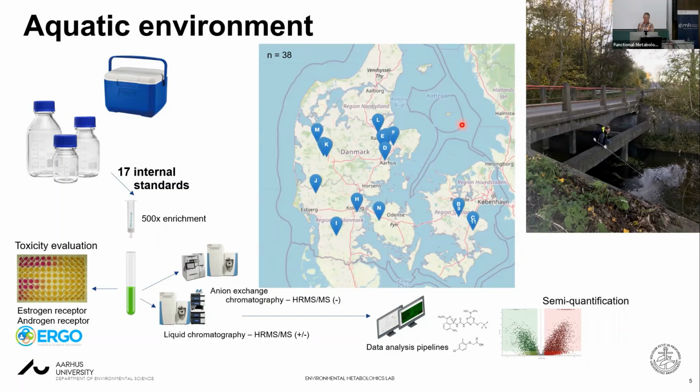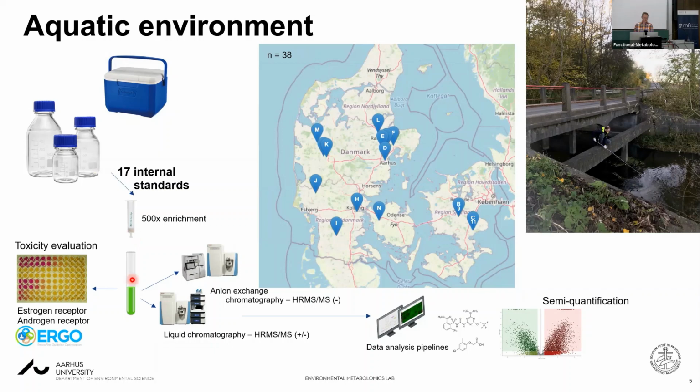Some of the sites we were taking samples from an entire river, distributed over several kilometers. And we took water samples, I think 0.5 liter, added internal standards, isotopic labeled internal standards, and then we did some enrichment on a solid phase extraction cartridge.